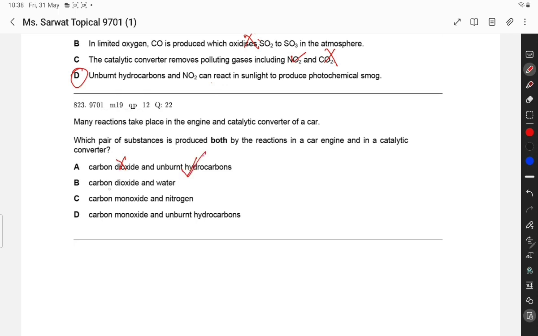Carbon dioxide and water in car engines and in catalytic converter: carbon dioxide can be produced in car engine as well as in catalytic converter. Carbon monoxide and nitrogen are produced in combustion engines, not in catalytic converter. Carbon monoxide and unburnt hydrocarbon only in car engines, not in catalytic converter. So B option is correct option.